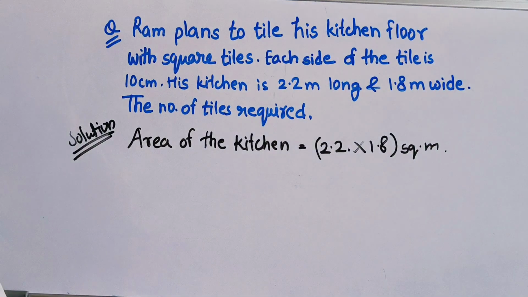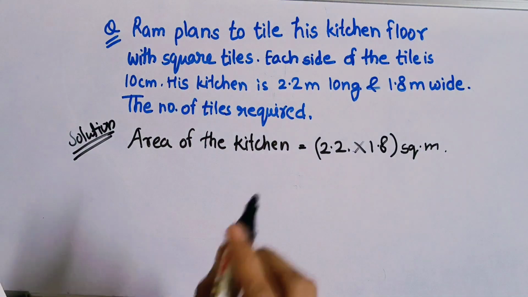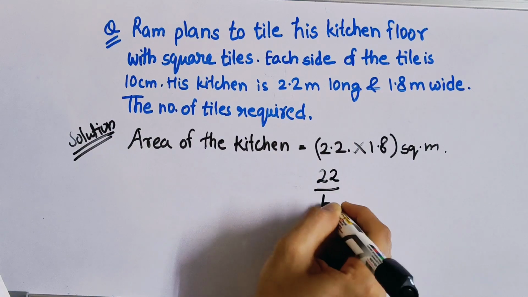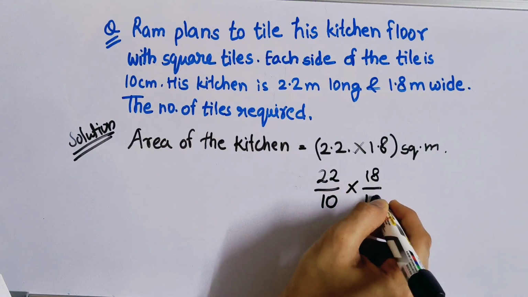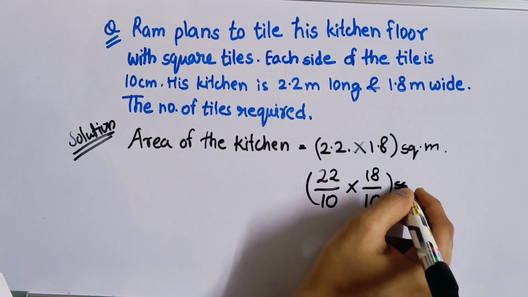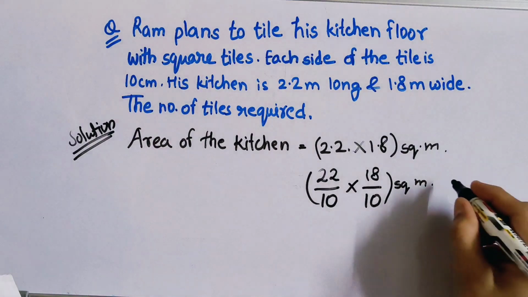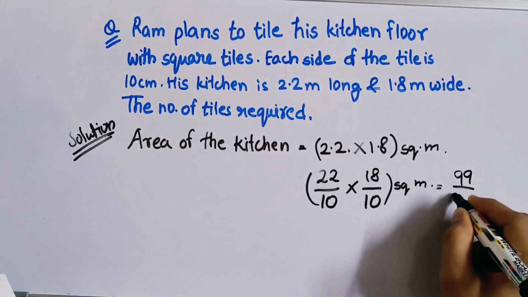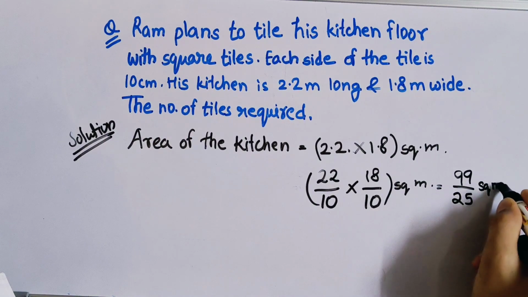But we have to remove this fraction, so I will write 22 divided by 10 into 18 divided by 10 square meter. So we have 99 divided by 25 square meter.